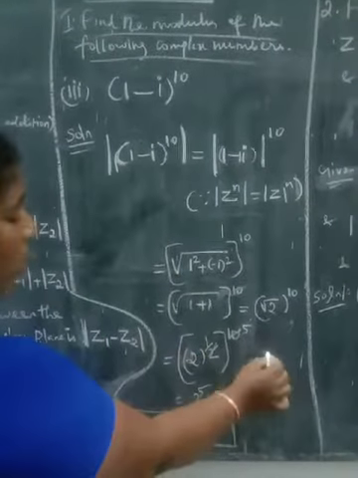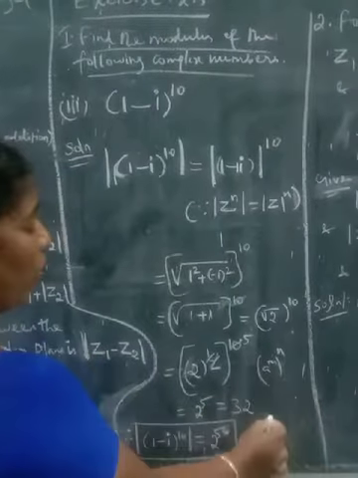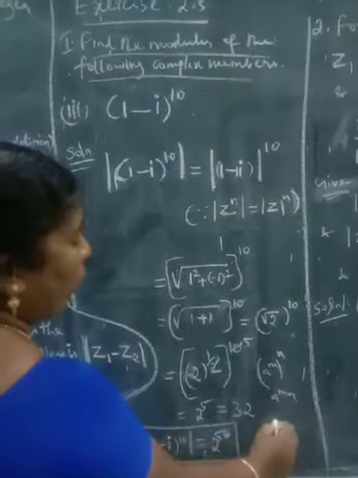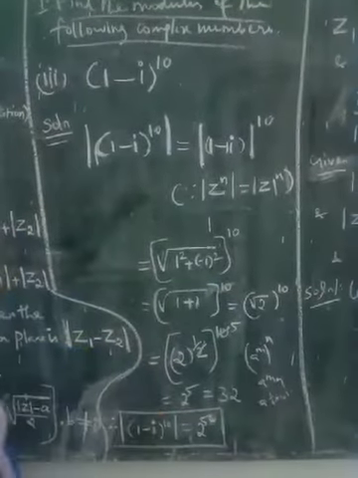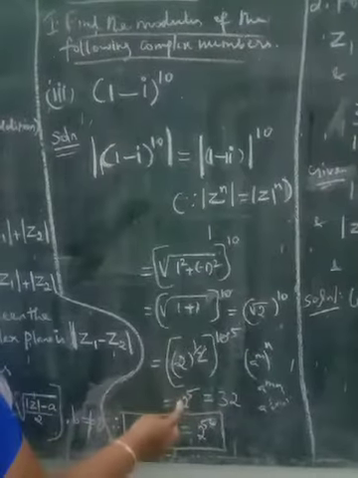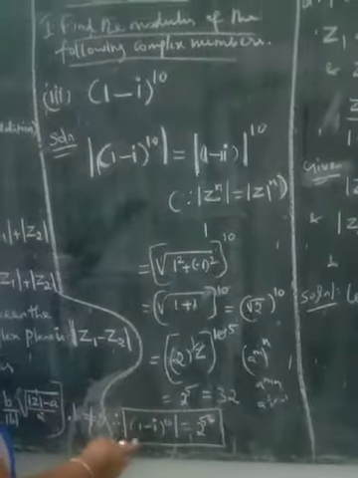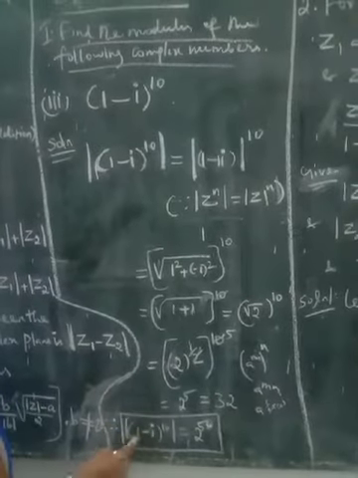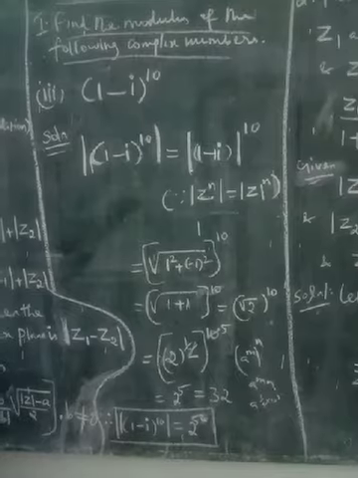If we cancel, (a power m) the whole power n equals a power m into n. So a power 1 by 2 into 10 simplifies to 5, so a power 5. Here instead of a we have 2, so 2 power 5. If we expand this we get 32. Therefore the modulus of (1 minus i) the whole power 10 is equal to 2 power 5.